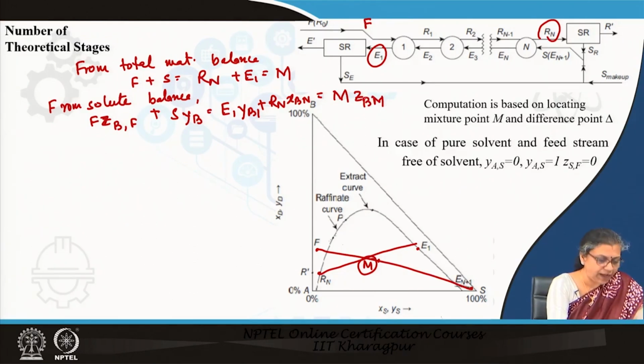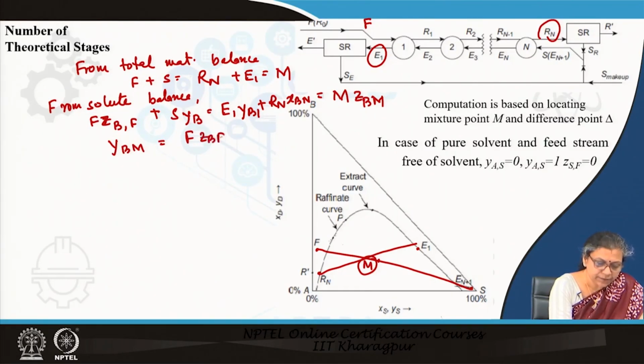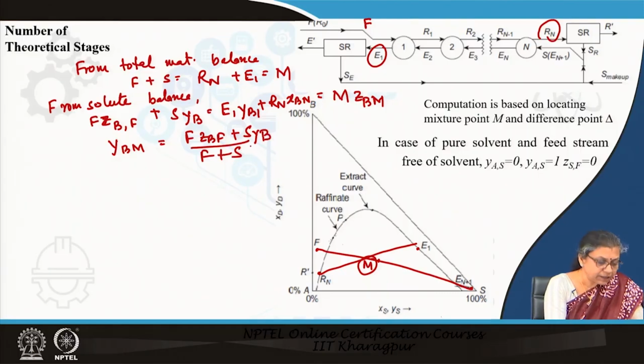So, from there we can find out Y B M or Z B M in whatever way you tell it. This is nothing but F Z B F plus S Y B divided by F plus S. If you are taking completely pure solvent, then this disappears.